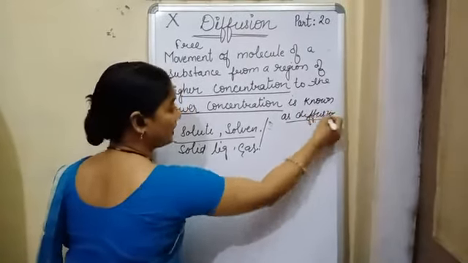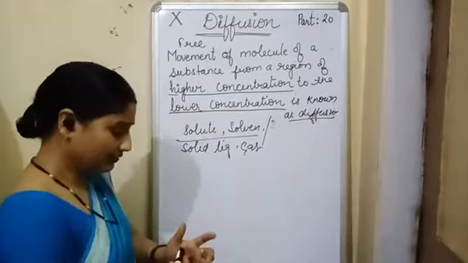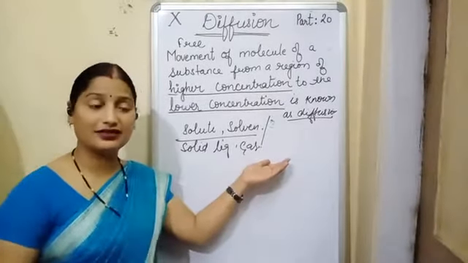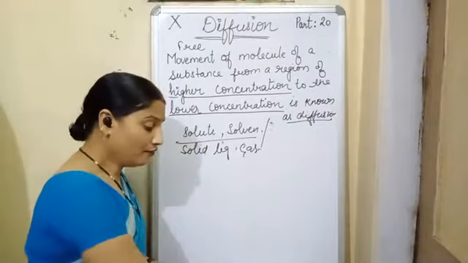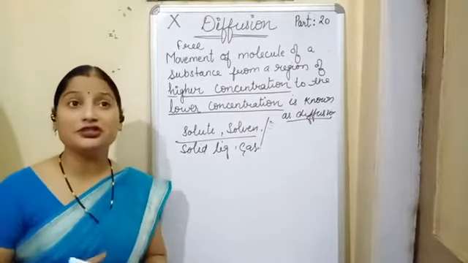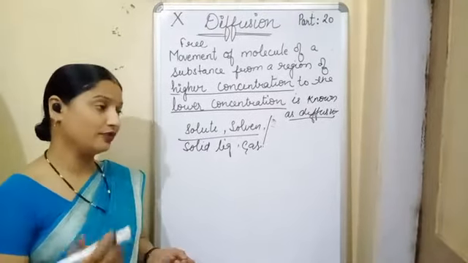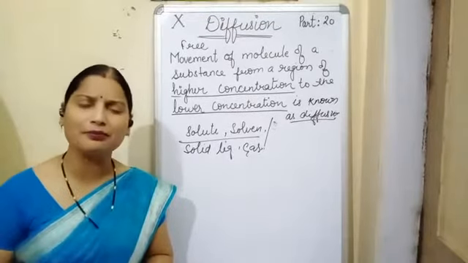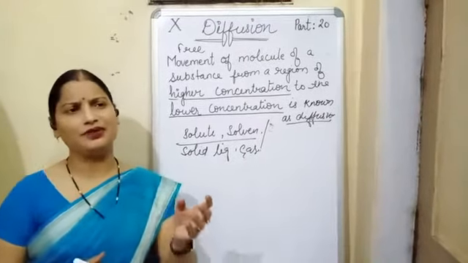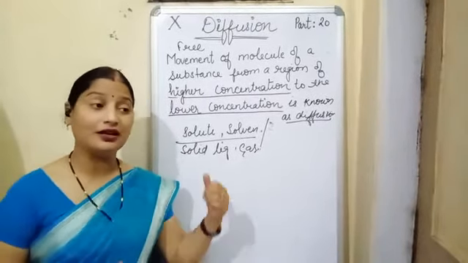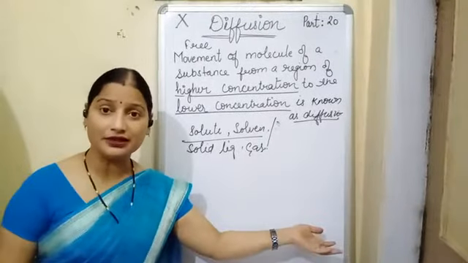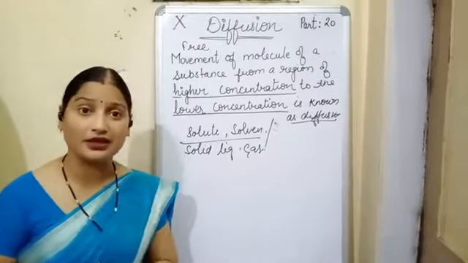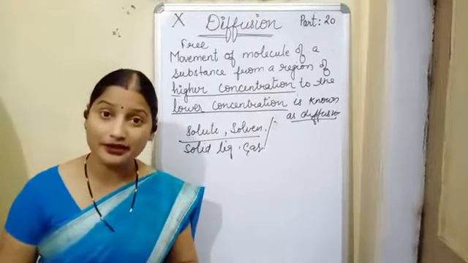Now we'll understand this with some examples. For example, when a perfume is spilled at one corner of the room, then what happens? After some time, we feel that smell even in the next room. So how does it happen? Perfume is a liquid.